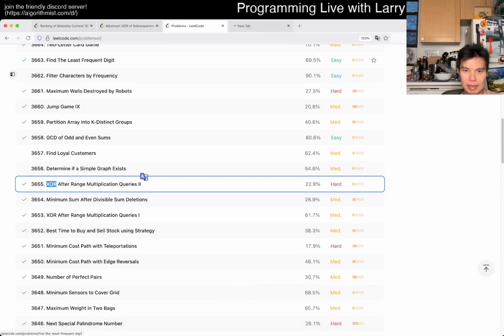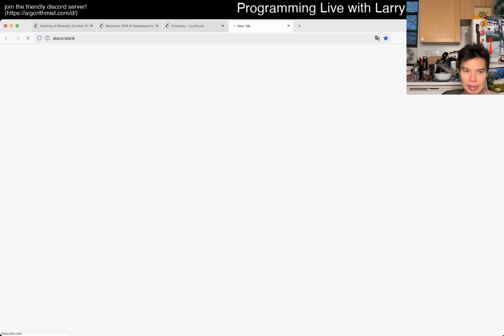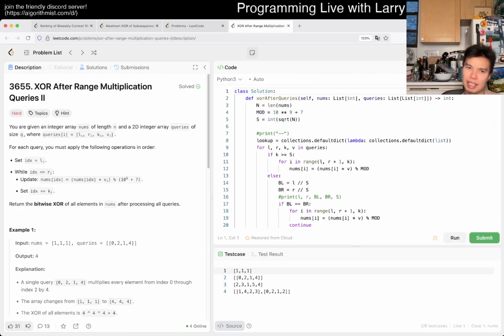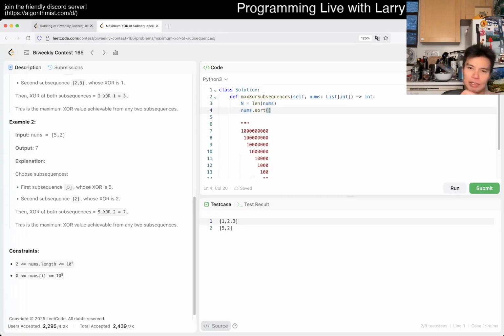Is it this one? Yeah, okay, so that's not it. I don't think this is XOR or square root decomp.